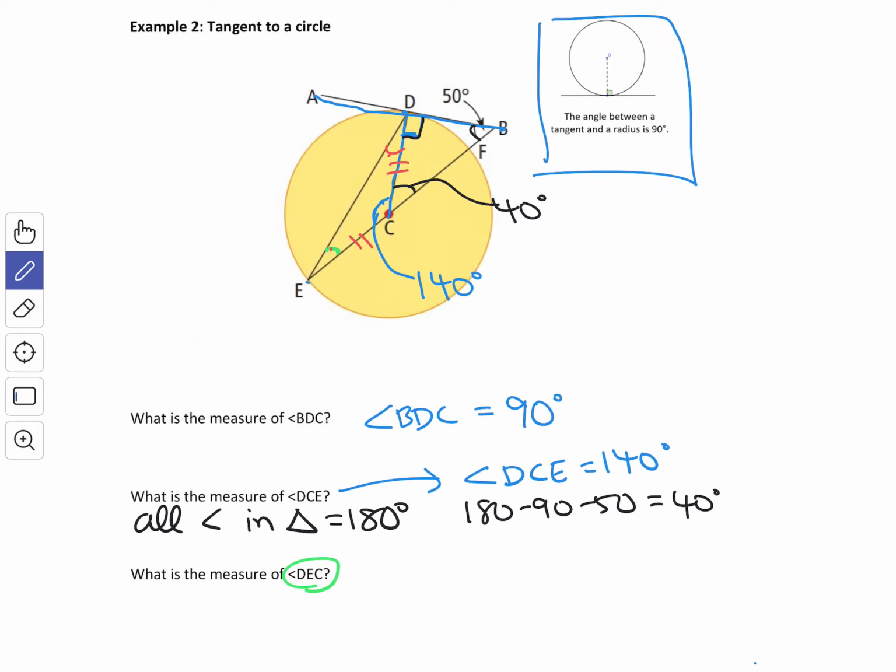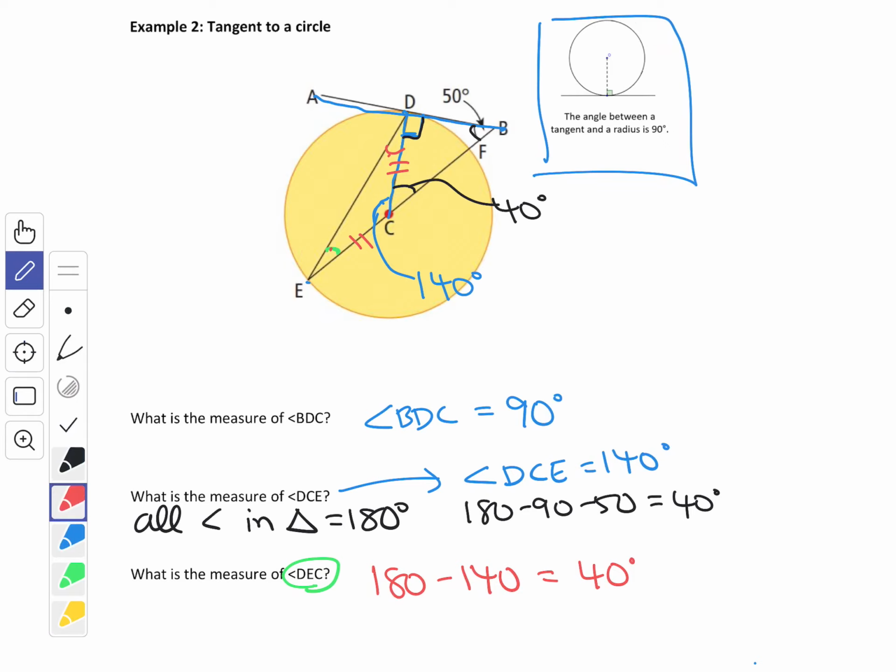So that means, looking at this, all angles in the triangle have to add up to 180 degrees. We take away the 140, and we are left with 40 degrees. 40 degrees have to make up these two angles right here, one over here and one over here, because this is 140 plus this has to give us 180.